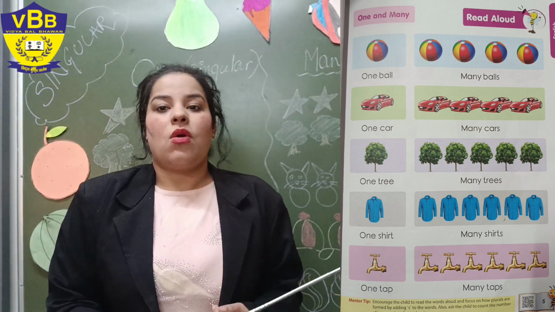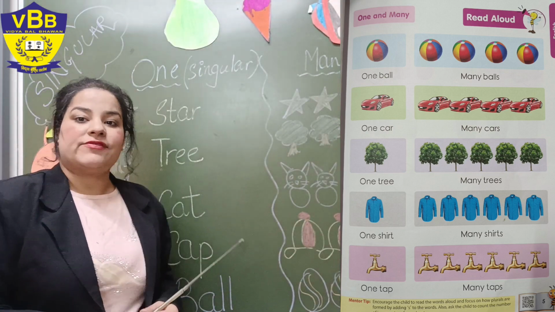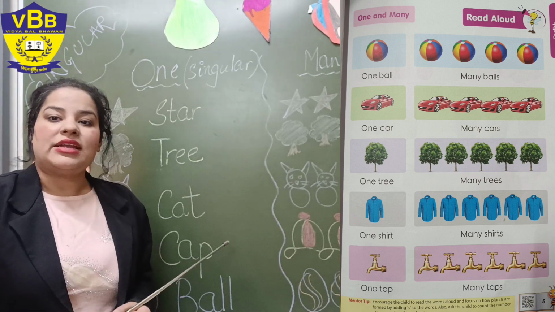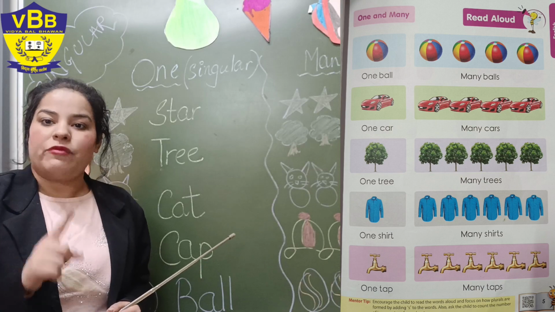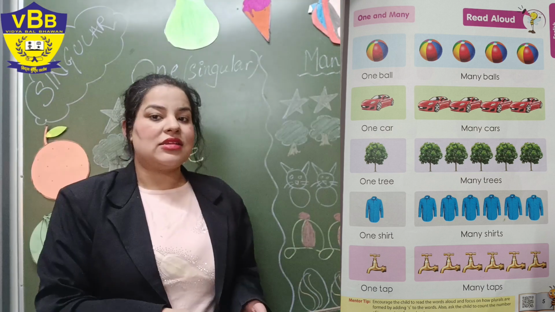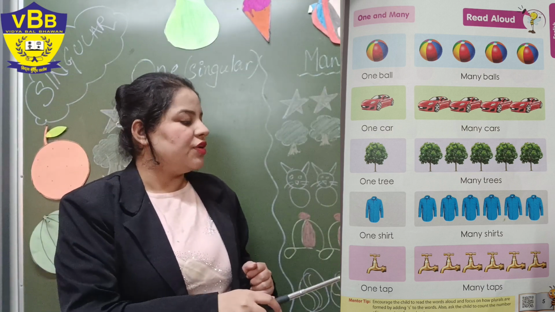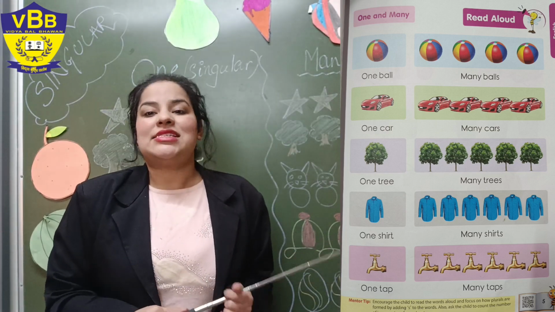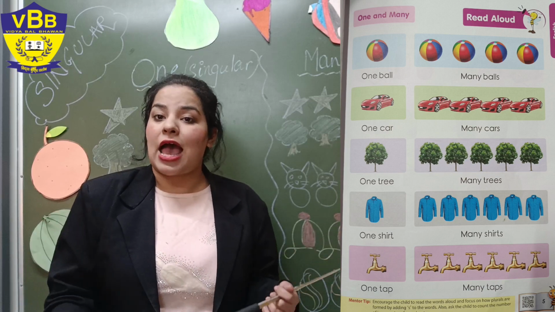Now the next one is a tab. On the left side, which picture is this? Tab. And how many tabs are there? 1. So we can say one tab. We use one for one object. Now on the other side, how many tabs are there? Count 1, 2, 3, 4, 5, 6. So these are 6 tabs, or we can say many tabs.